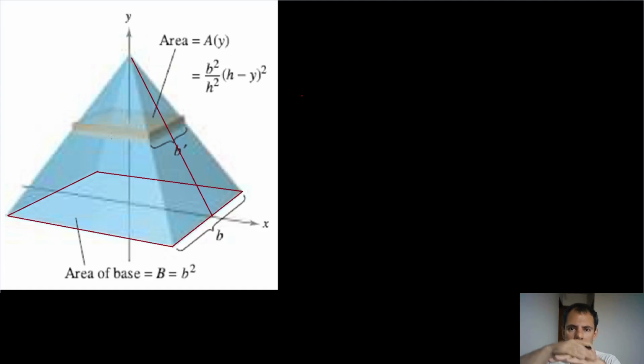We're going to sum all of them up along the y direction and stack them on top of each other. So since we're going to do that, we're integrating with respect to y.